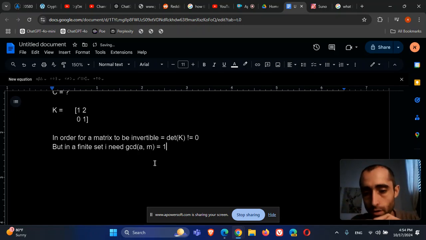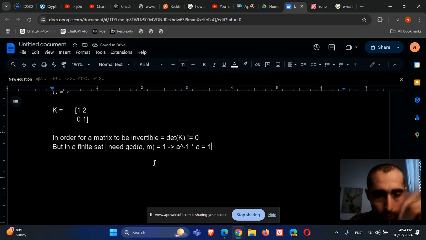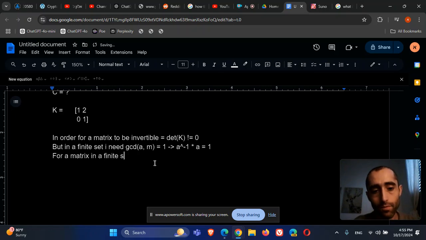This is the condition for a number to have an inverse. So for a matrix to be invertible in a finite set, what I need is that the GCD of the determinant of the matrix I work with, let's call it K, and the size of the set will be 1.